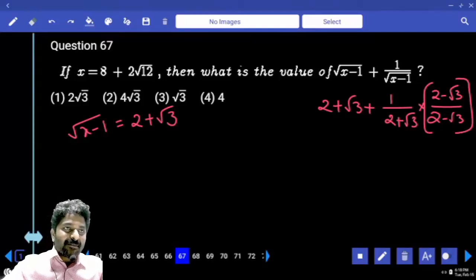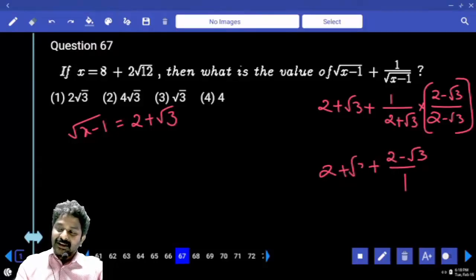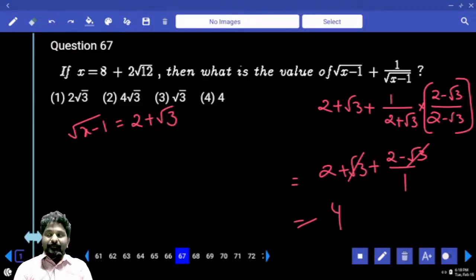Then it becomes a square minus b square. 2 square 4 minus root 3 whole square 3. Then the denominator becomes 1. Numerator 2 minus root 3. So final answer 2 plus root 3 plus 2 minus root 3. Root 3 gets cancelled. So answer 4, fourth option.